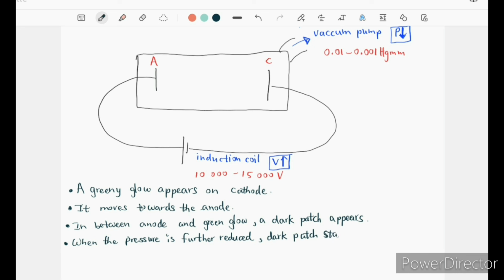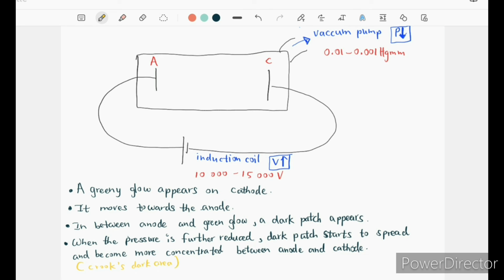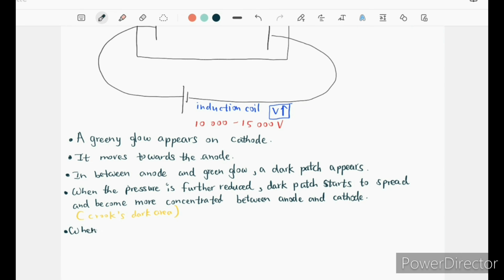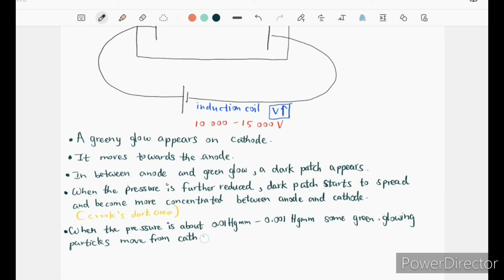When the pressure is further reduced, the dark patch starts to spread and become more concentrated between the anode and the cathode. We call this instance the Crook's dark area. When the pressure is about 0.01 to 0.001 mercury millimeters, some green glowing particles start to move from cathode to anode, which are known as cathode rays.